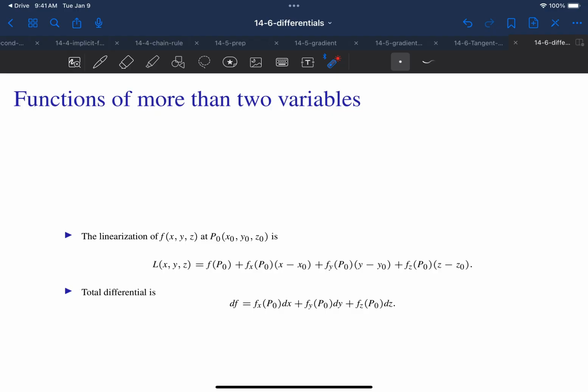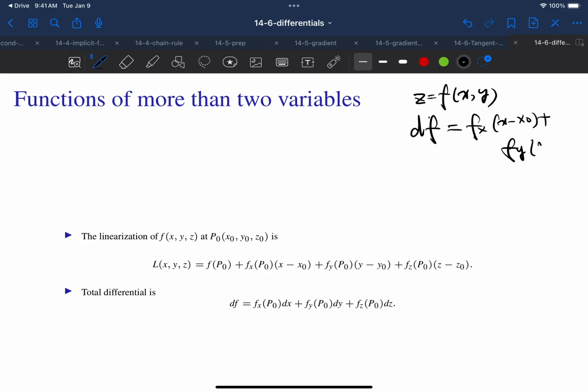Now we already found the linearization of a two-variable function. It says L(x, y) equals, or you can write differentials, that is easier than fx (x minus x0) plus fy (y minus y0).